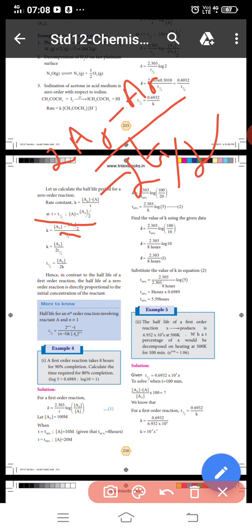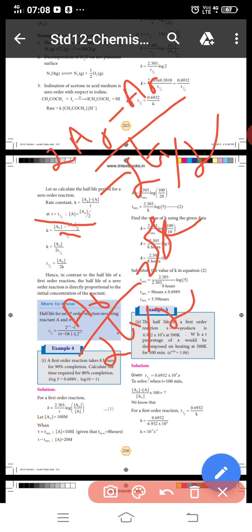Taking the reciprocal, 2A naught minus A naught divided by 2 t 1 by 2 is equal to k. So A naught divided by 2k is equal to t 1 by 2.